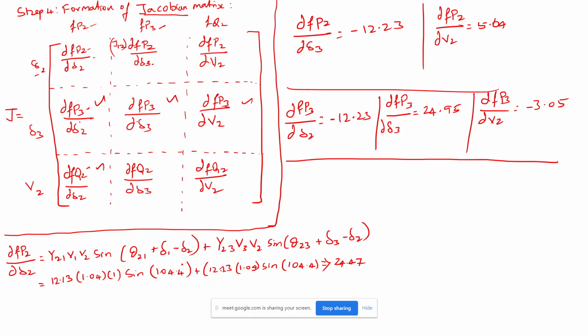Next we will go for this one, and here ∂fq2/∂δ2 is equal to minus 6.11. What are the steps for each and every value? Same like this, it will come for all other values also. You are going to do it from the base equation or corresponding equation.